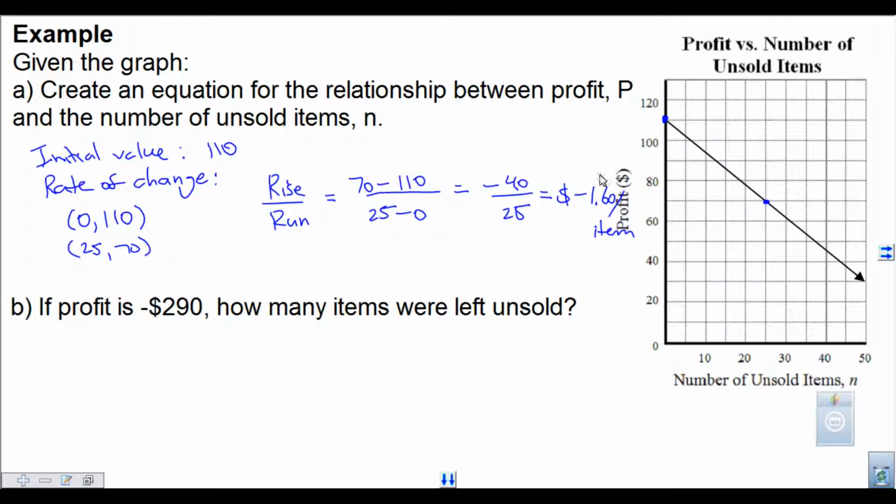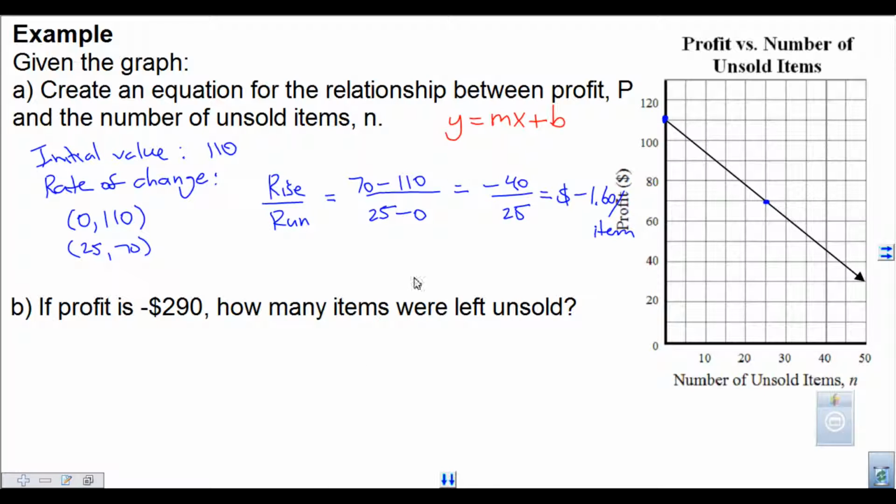All right, so now that we know the rate of change and we know the initial value, we can go ahead and make our equation. Now remember, every equation should go in the form y equals mx plus b. So I'm going to write that there, and I'm going to use that as a template to make my equation. So the y, remember, stands for whatever the numbers on the y-axis mean. And in this case, it means profit.